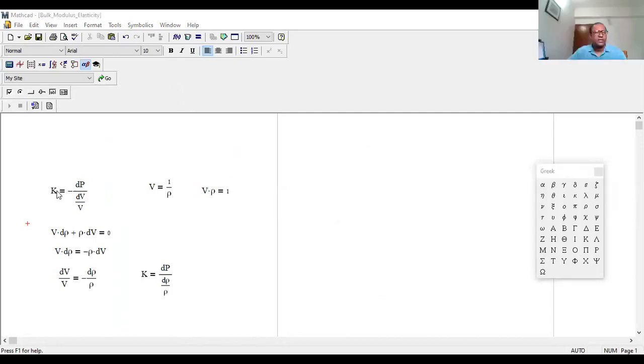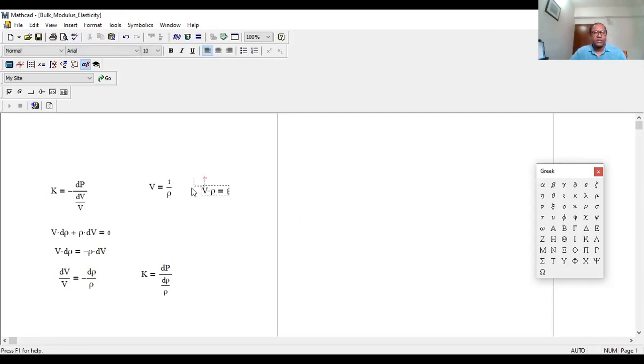So you see, this is the definition of bulk modulus of elasticity. And if you have unit volume and multiply by density, what will be the result? The result is 1. So unit volume times rho equals 1.